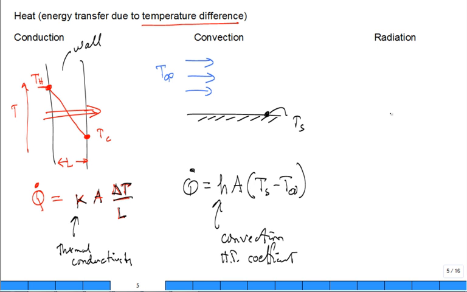Radiation. Let's say I have the top of a building and I'm interested in the radiation off of the top of the building, that's my area of interest, to the sky, which is cold. So I have some temperature for the sky, temperature 2. I have temperature for the top of the building, T1, okay?